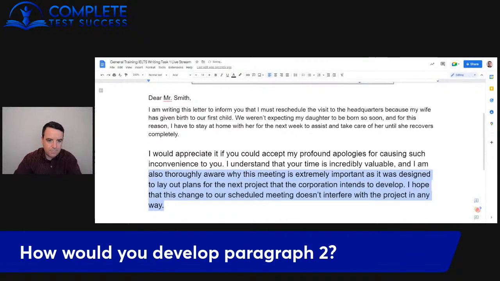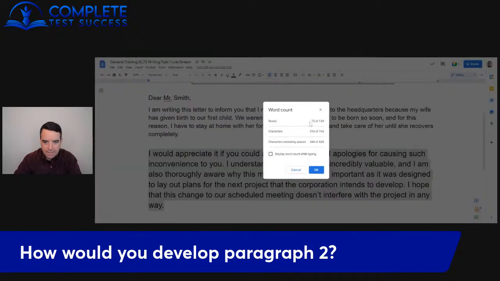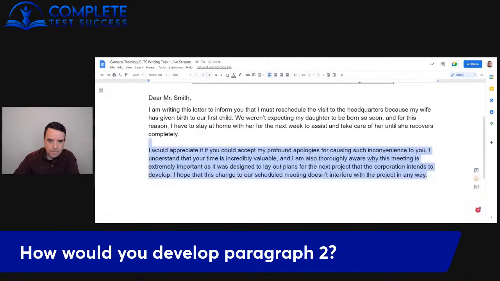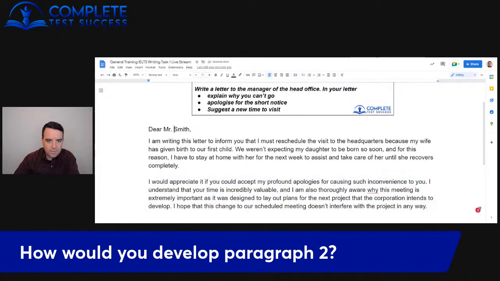I'm just looking for something to say about my apology, to make my apology sound more sincere and to get myself up to the correct number of words. This is now 72 words. Too long. But you know what? Let's just leave it there. It's a little bit long, but not a big problem. All right. So that brings us to the third prompt.